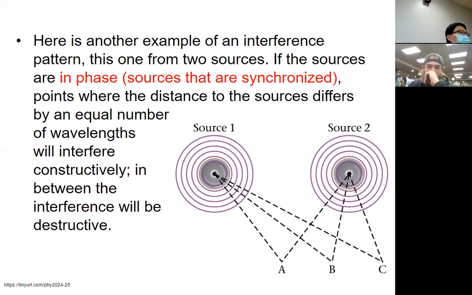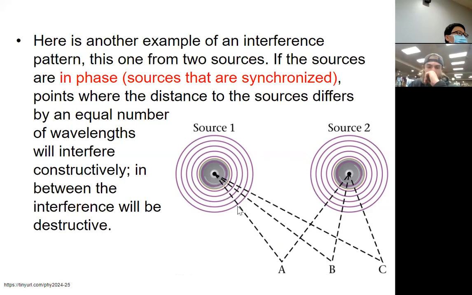Let's take a look if you have waves from two sources, source 1 and 2. If they give out identical waves at the same time, so for example, this one gives out a wave, and then this one gives an identical wave, starting with the same phase, that means they have the peak at the same time and then valley at the same time at the source.